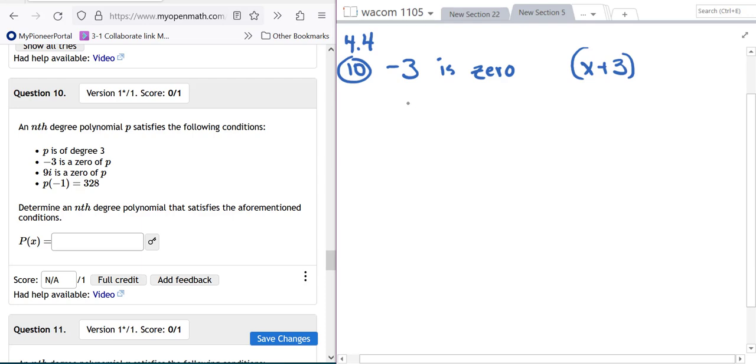It says 9i is a 0. And there is a theorem that says if you have one complex root, then they come in conjugate pairs. So negative 9i is also a 0 by that theorem.